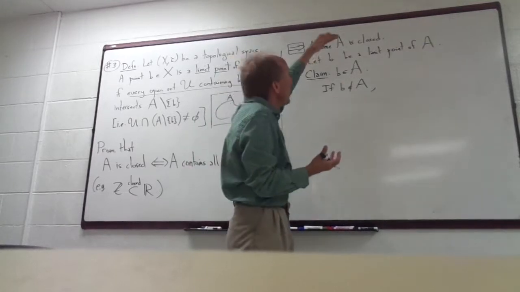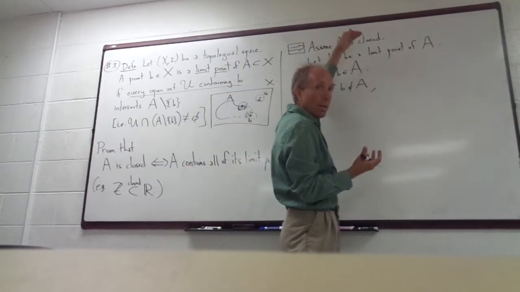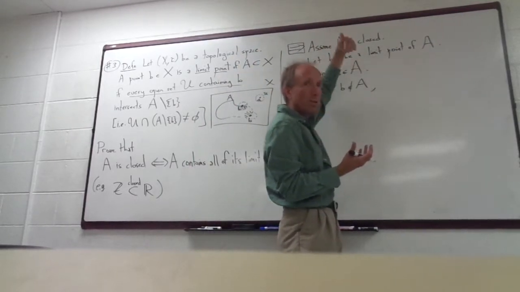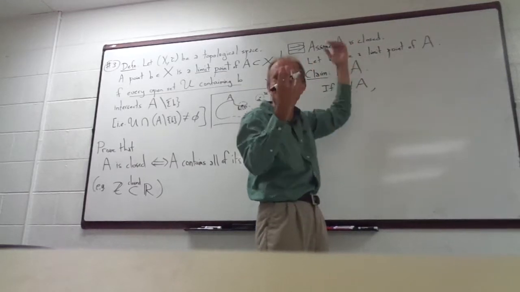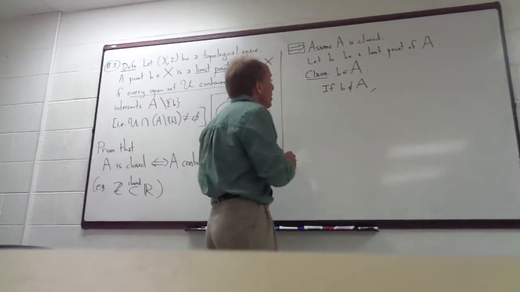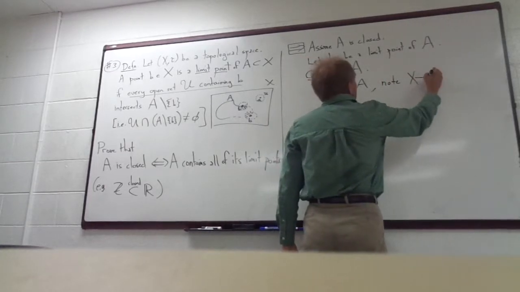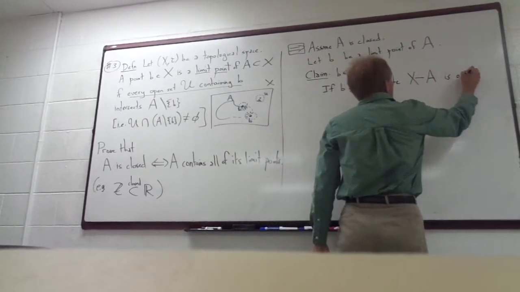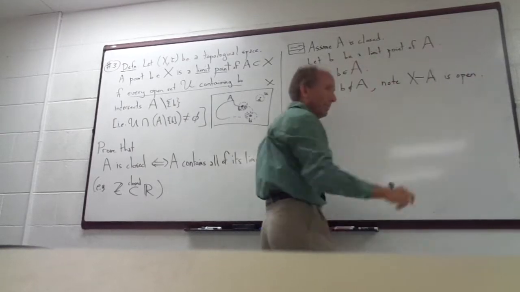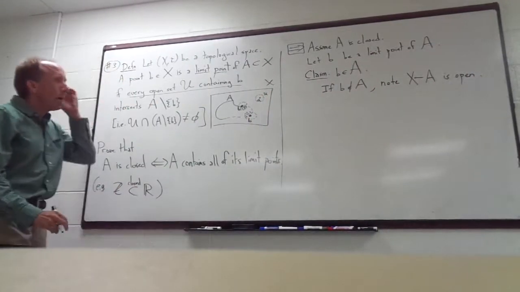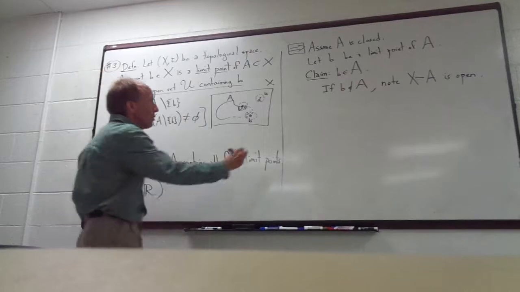And that's where the fact that A is closed comes in. Remember that for a closed set, the complement of that closed set is open, just by the definition of a closed set. So note that X minus A is open. X minus A is open. So let me draw a picture.